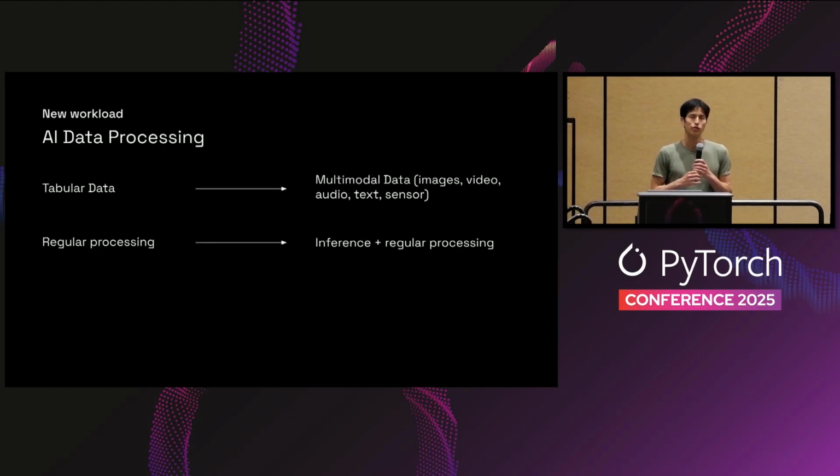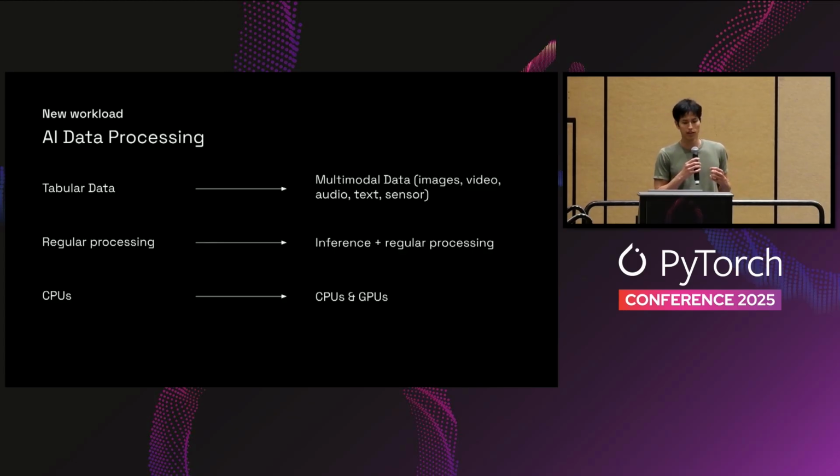And so data processing is becoming very inference heavy. And as data processing becomes very inference heavy, it becomes more GPU heavy, right? So a lot of data processing is shifting to this heterogeneous regime where it's a CPU plus GPU workload. And that's very different because when people were building the previous generation of data processing systems like Apache Spark, Snowflake, Flink, Hadoop, they were really designed for a homogeneous cluster of CPUs, right?